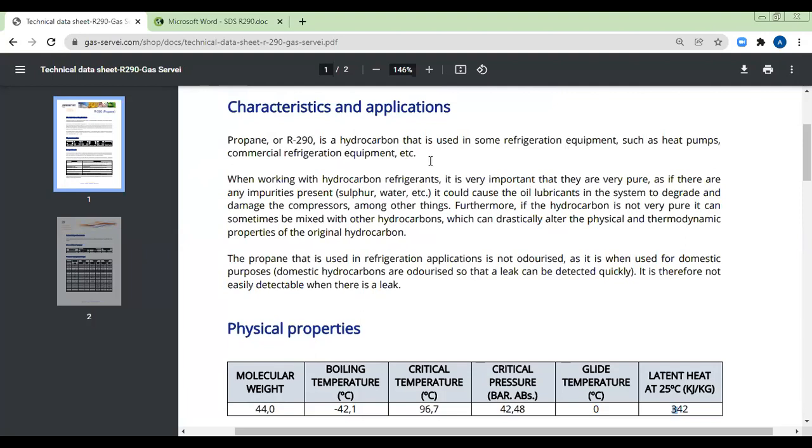We'll be learning everything. So this says what R290 is. Another name is propane, and these are hydrocarbons.